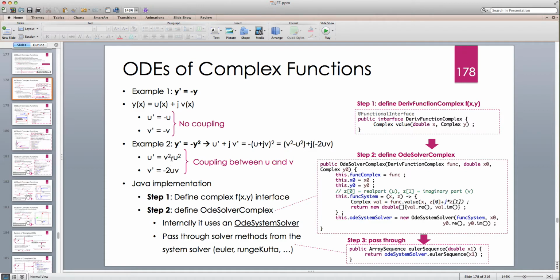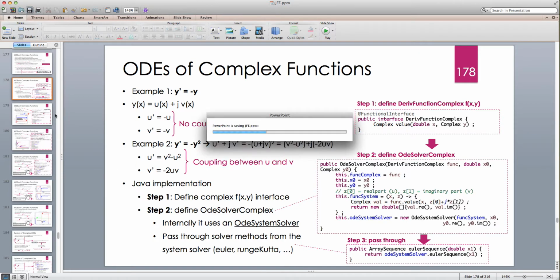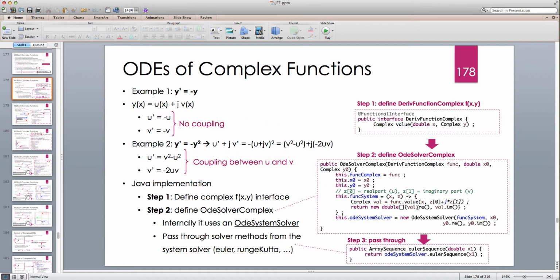Now we see that there is actually a coupling between the real part and the imaginary part of the solution, okay? And in both cases, our approach works fine because no matter if there is a coupling or not, our ODE system solver solves the system of u prime equals something, v prime equals something, and returns the solution, right?